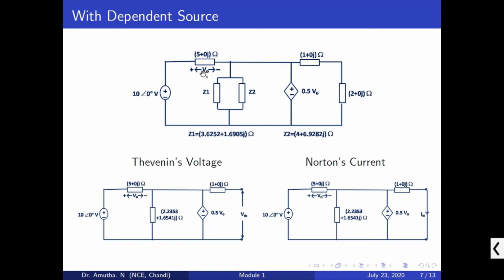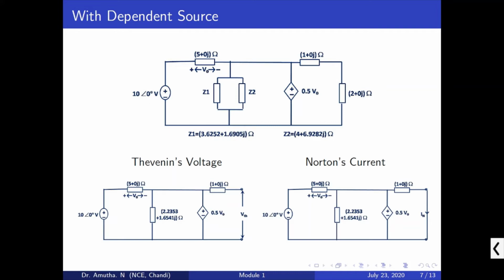For that first we have to remove the part which is of our interest. Let us consider that this much amount of load we are going to add in the Patna grid. So we can remove this terminal, and then looking into the circuit from this terminal, try to find the Thevenin voltage, Thevenin impedance, and Norton current.